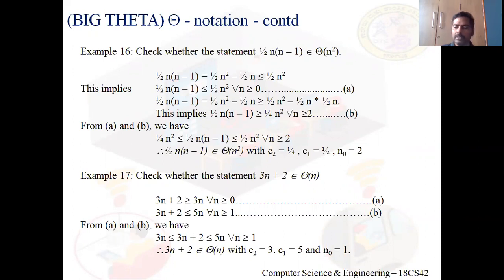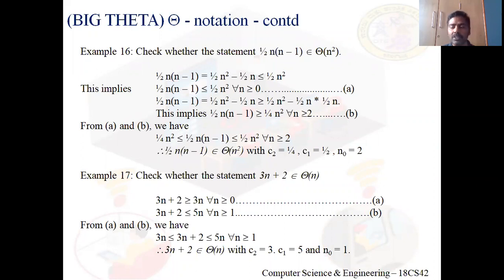I think everyone got cleared with this session. This is one of the very important topics, asymptotic notation. I want to tell you, asymptotic notation is the base for this subject, design and analysis of algorithms.